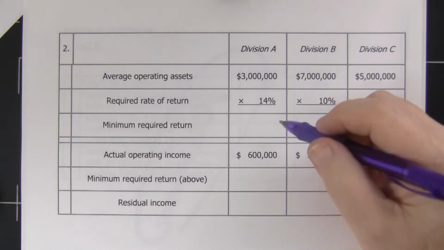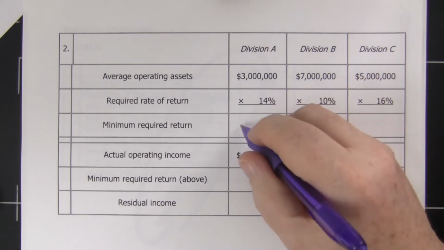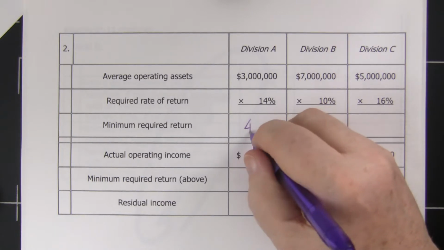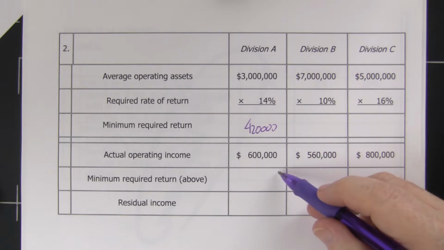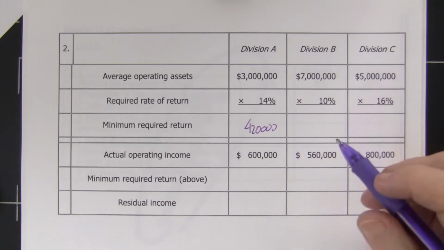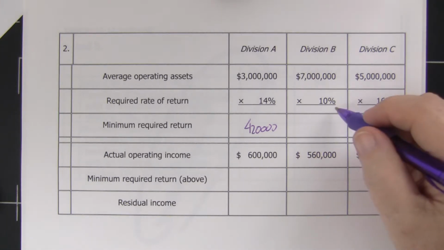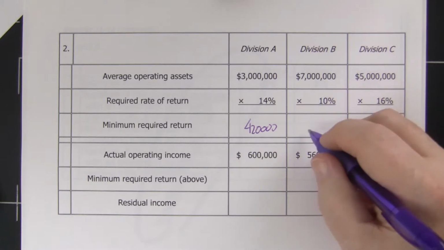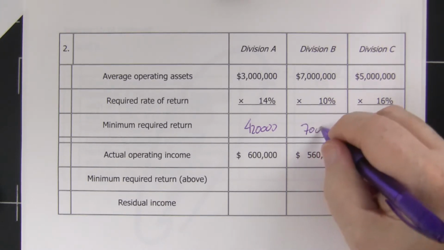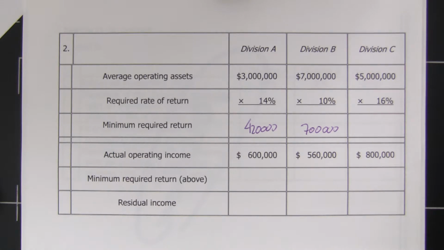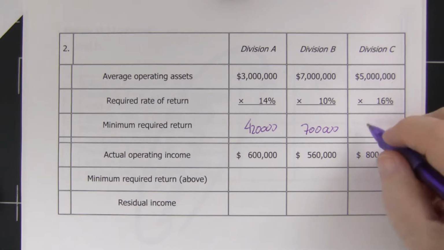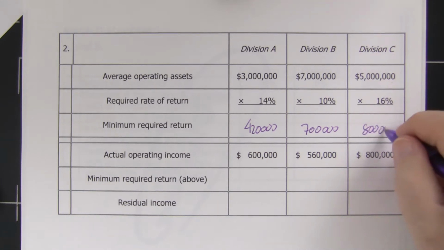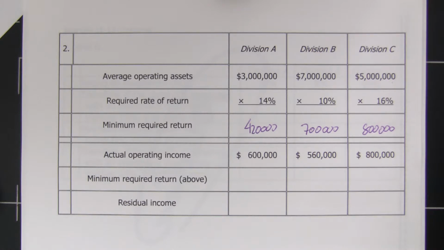So 14% of 3 million is $420,000. Actual income, 600. They look like they're okay. 10% of 7 million is 700,000. They're okay. And 16% of 5 million is 800,000. They're okay, but they have no margin of safety.